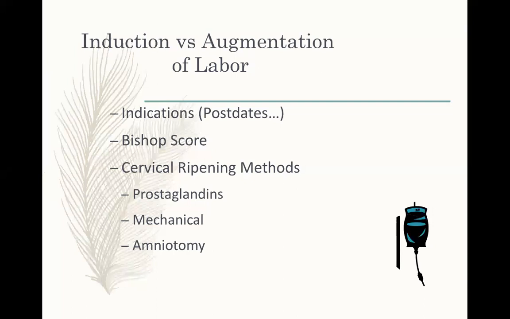Mechanical would be a Foley bulb or cervical ripening balloon, which a Foley bulb would be the end of the Foley. It looks just like a Foley, even the cervical ripening balloon. The cervical ripening balloons just have 2 balloons instead of 1. So there's a space in between the balloons.